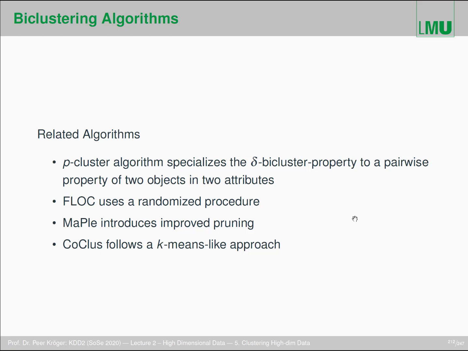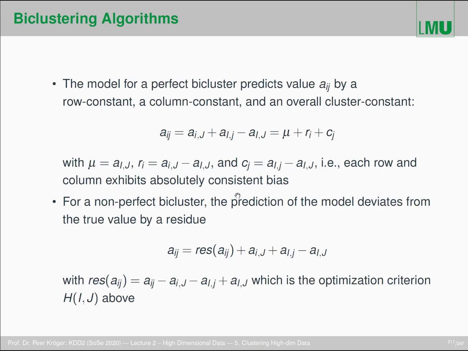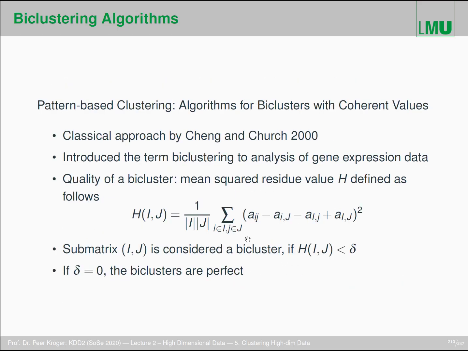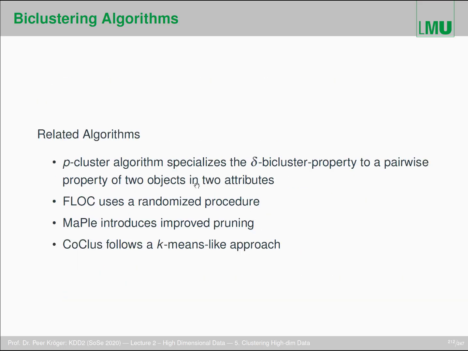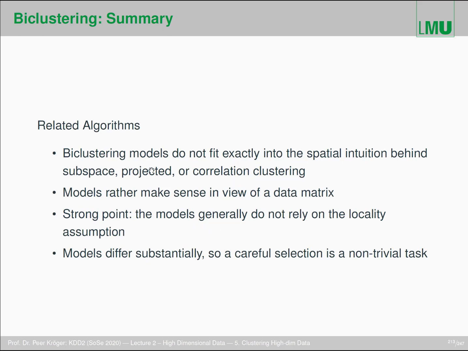So you see, the story behind that is that the search space for those perfect or non-perfect bi-clusters is quite huge, and people have to employ heuristics in order to efficiently search for that, and that's why there are a lot of different algorithms, basically differing in the different heuristics they apply.